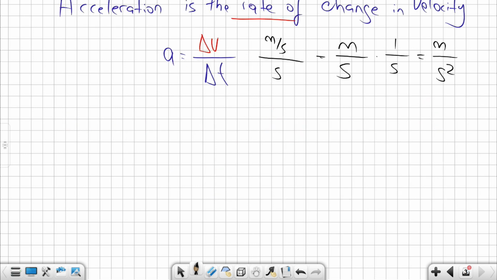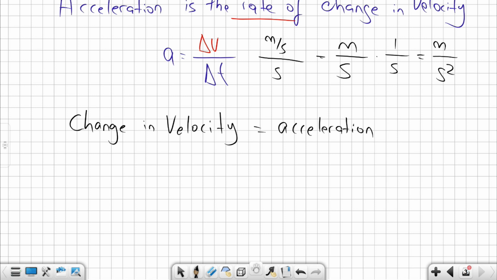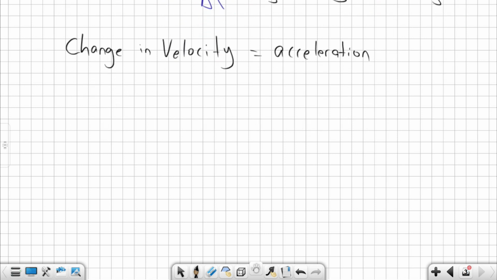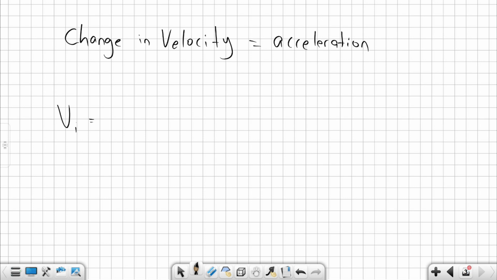Remember that whenever you have a change in velocity, you have acceleration. So acceleration means change in velocity. Let's say that v initial is equal to 2 meter per second. After 1 second, it becomes 5 meter per second. After another second, it becomes 8 meter per second.